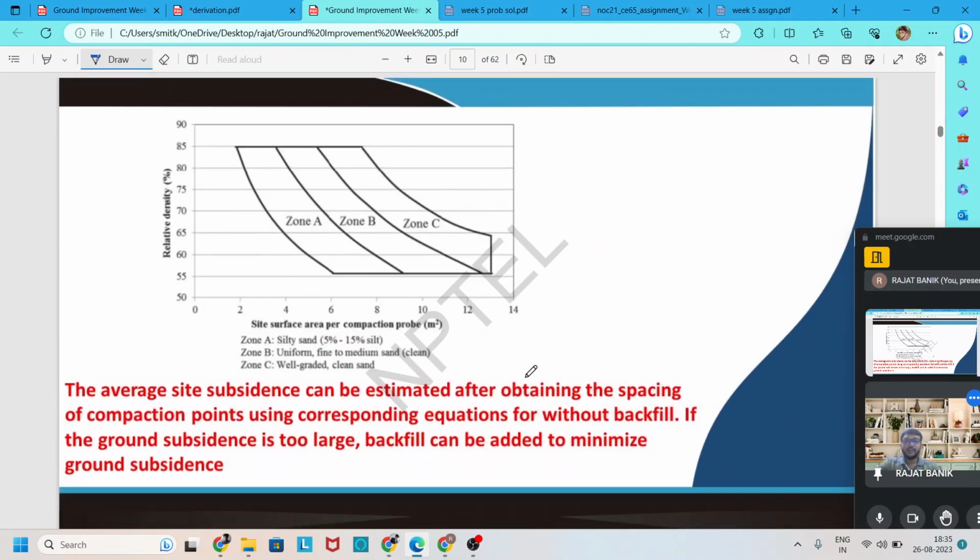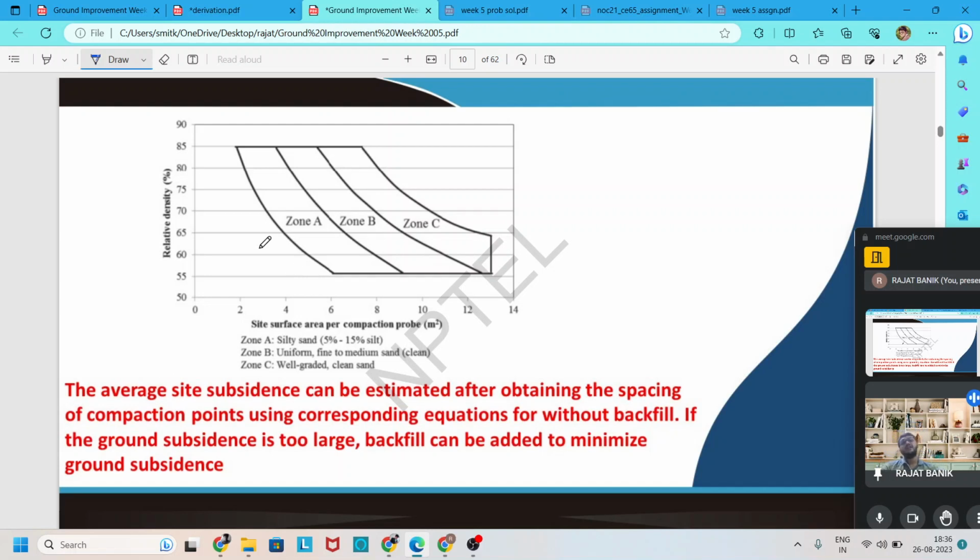Here we can see one graph based on the different types of geomaterial: Zone A, Zone B, Zone C. Zone A represents silty soil with 5 to 15% silt. Zone B represents uniform fine to medium sand, clean sand, and Zone C represents well-graded clean sand.